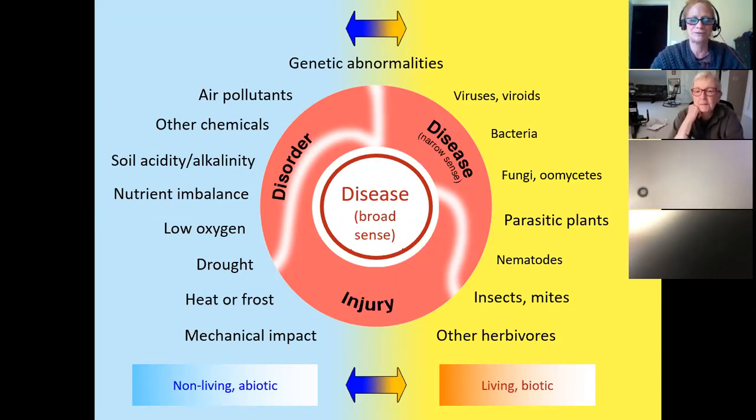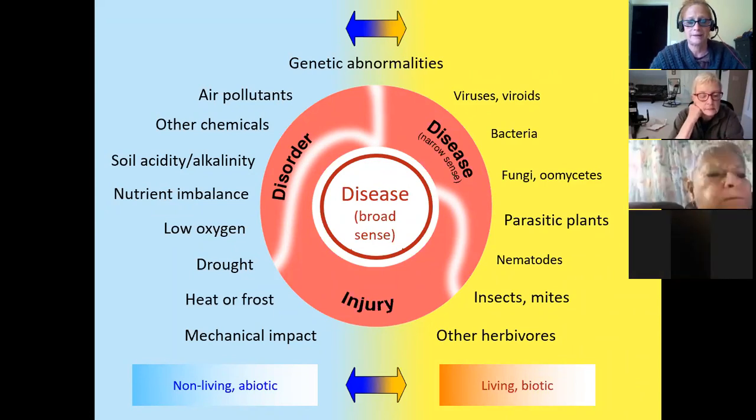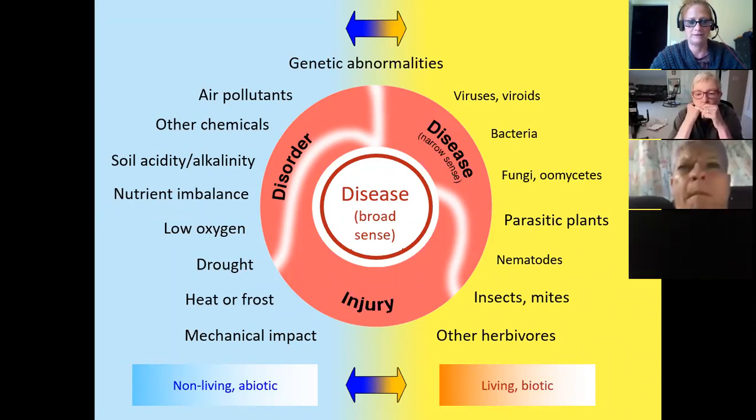We also have disorders that are abiotic, such as air pollutants, chemicals, your soil, and looking at new neighborhoods where they're building new houses.